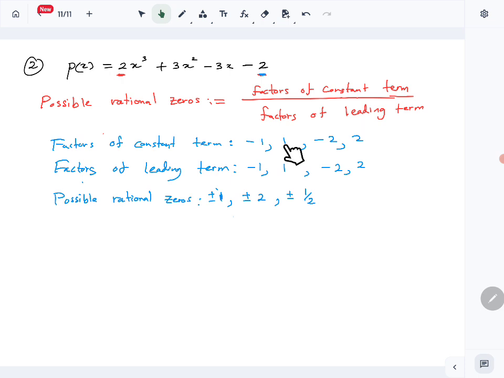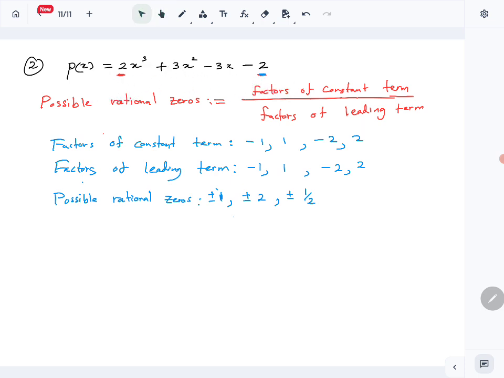When you divide 1 by 2, you get half. So those are the possible rational zeros, right? So we have 6 possible rational zeros. Using these 6, we have to first figure out one of the zeros of this polynomial. Then we can factor it fully, right?